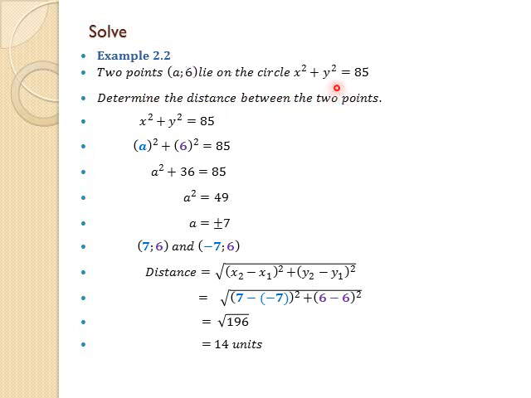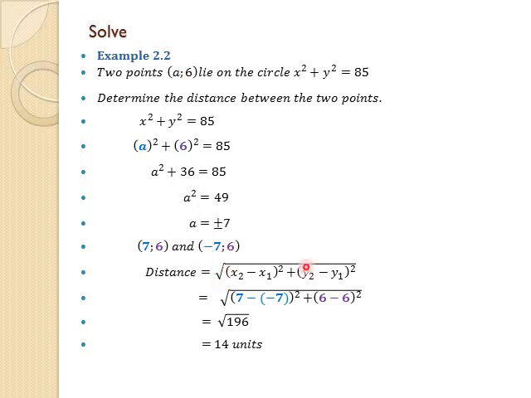So first, in my equation, x is a, y is 6. a squared plus 6 squared equals 85. That gives me a squared plus 36. 85 minus 36, if I take it over, gives me 49. Square root of a squared, square root of 49. a equals plus or minus 7.